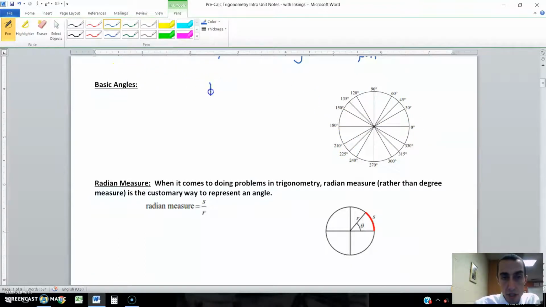Sometimes I'll refer to them in class as the 16 major angles. These are angles which are often represented in radian measure, and radian measure is something we're going to talk about next. And so these are angles which in degrees are worth memorizing, along with their locations on this handy circle.